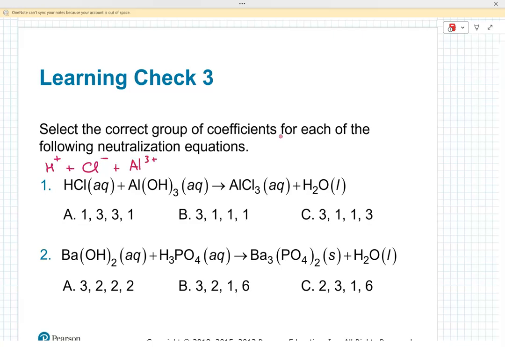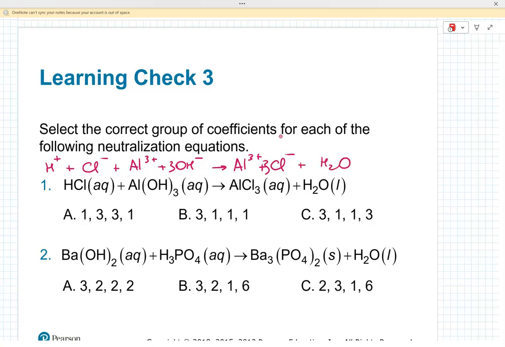Now, aluminum will give you this. Does that make sense to you? Because each formula unit of aluminum hydroxide will give you this. Okay? So 3 chloride anions from aluminum chloride and water.